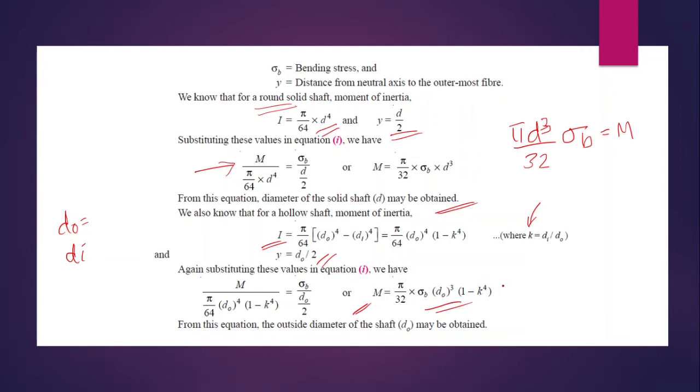This is the equation for bending moment in the case of a hollow shaft. From this equation, we can easily calculate the value of the outside diameter of the hollow shaft.